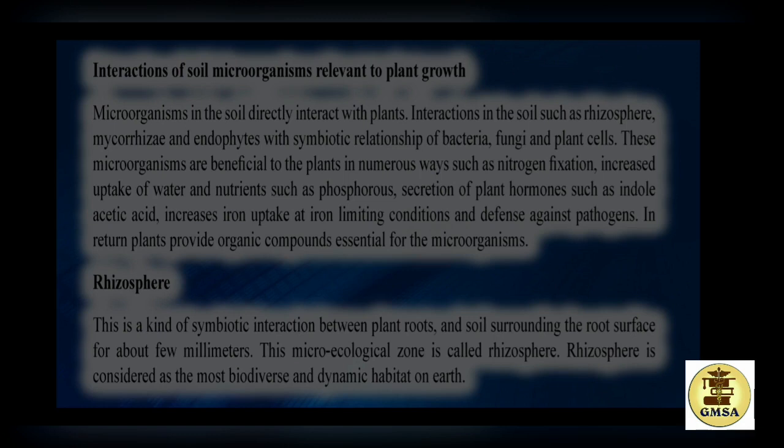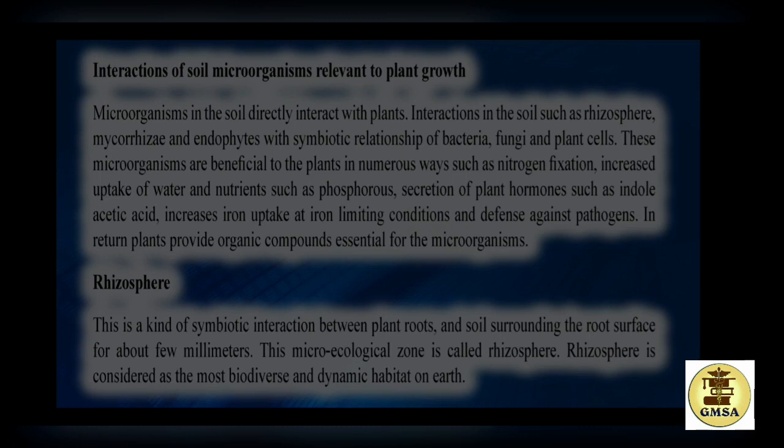Then next, secretion of plant hormones such as indole acetic acid, or in short IAA. This is a plant growth substance or a plant growth hormone coming under the category of auxins. IAA is an auxin, and this promotes plant growth, increases iron uptake at iron limiting conditions, and also provides some defense against pathogens.